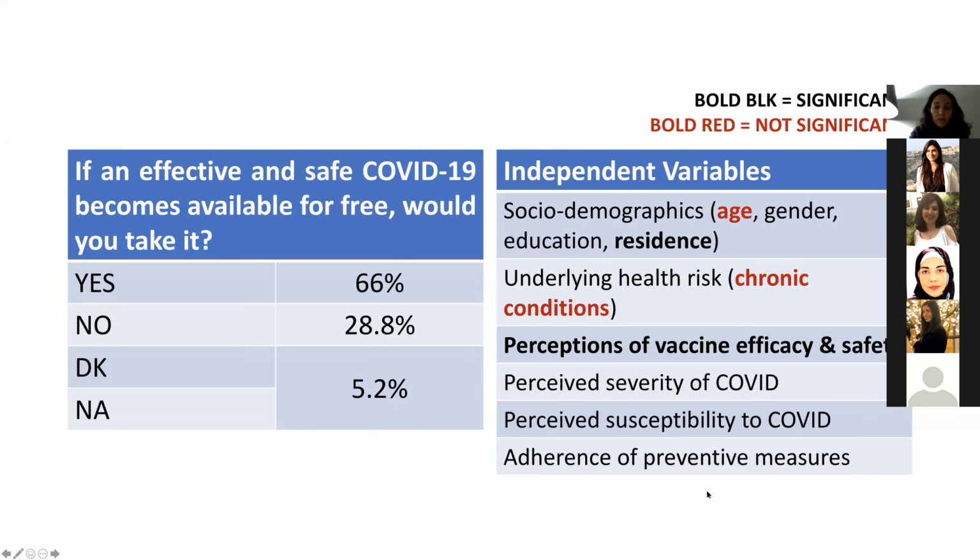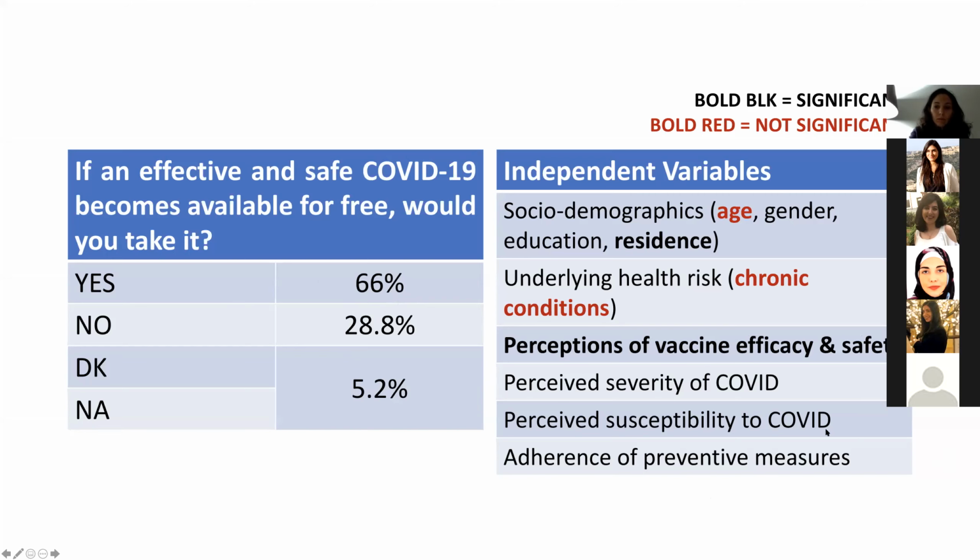What we found is that 66% of older Syrian refugees over 50 years of age say that they will take the vaccine if it's effective and safe and if it's provided for free. 66%. This is much higher, actually, than the Lebanese population based on some data that's been out.